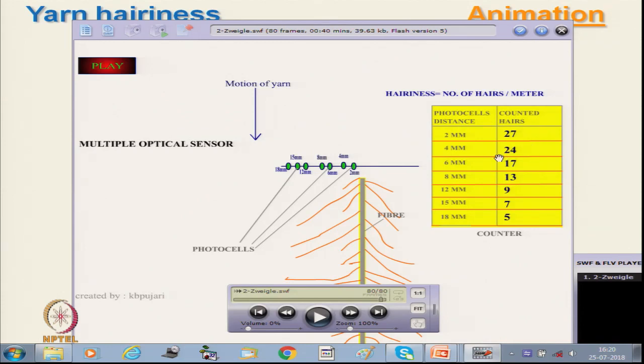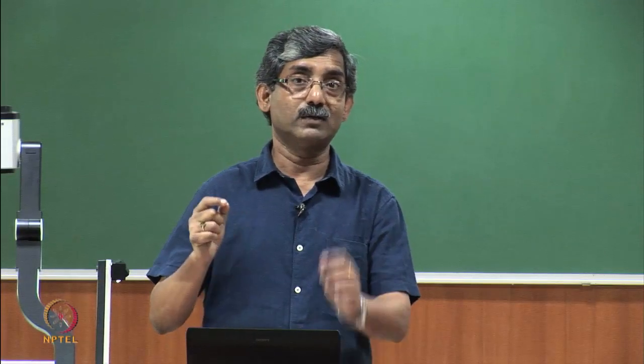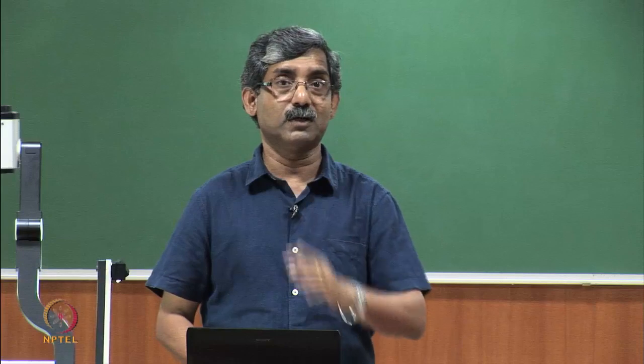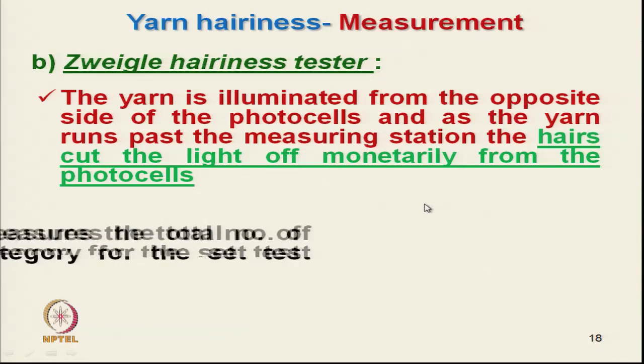So this gives the overall idea of the length of the hair, which is very important, the number and length of hairs, and it gives the total distribution. In this method the yarn is illuminated from the opposite side of the photocell, and as the yarn runs past the measuring station, the hairs cut the light off momentarily, exactly the same as the Shirley hairiness tester.